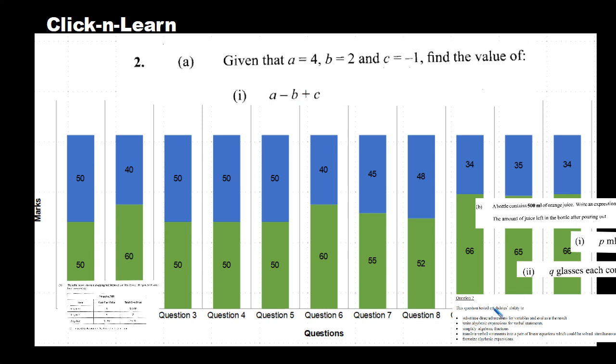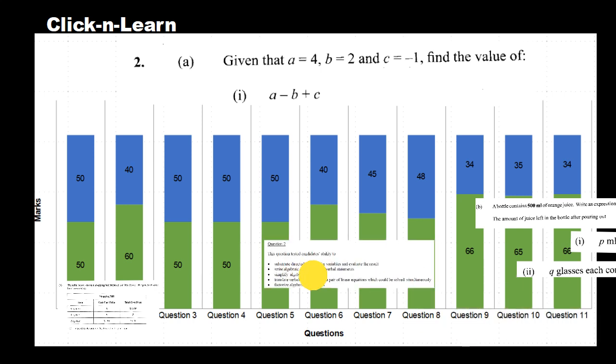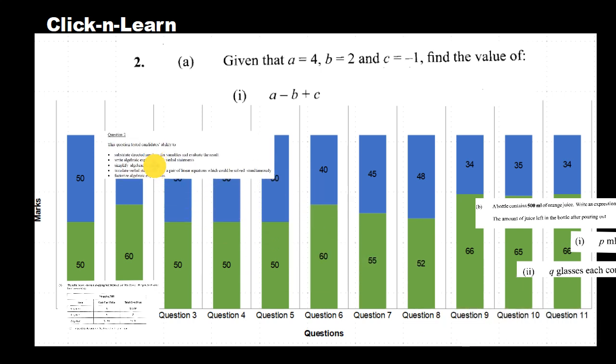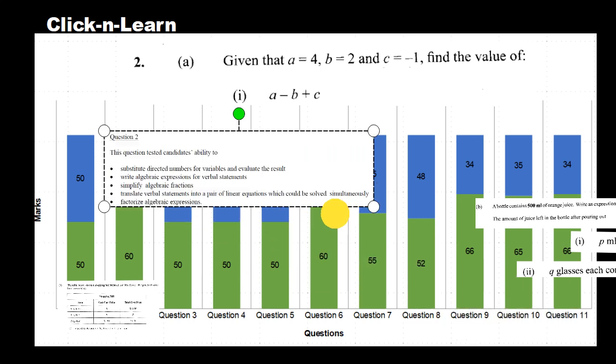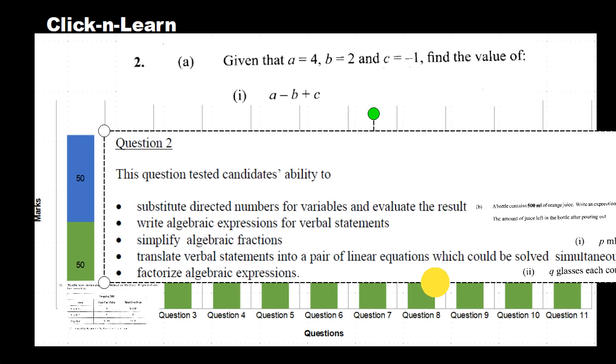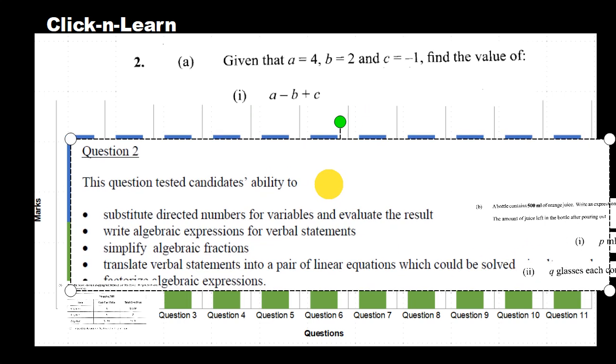As I mentioned in the previous video, these questions are designed to test your knowledge and understanding of certain fundamental concepts and principles. This question 2 tested candidates' ability to substitute directed numbers for variables and evaluate the result.